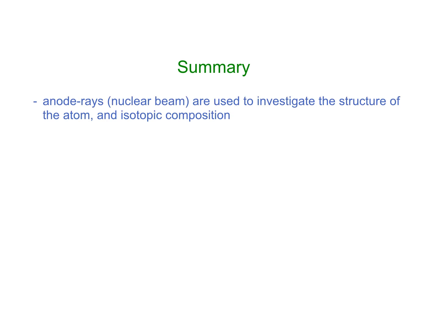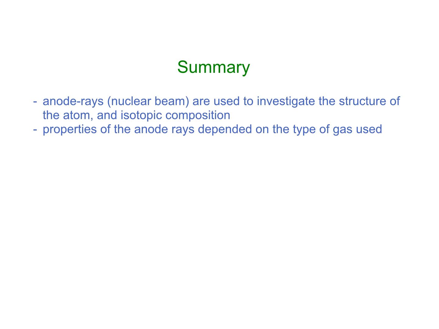In summary, anode rays are used to investigate the structure of the atom further, and specifically the isotopic composition of elements. And the properties of anode rays, of course, depended on the type of gas used, but were independent of the anode.